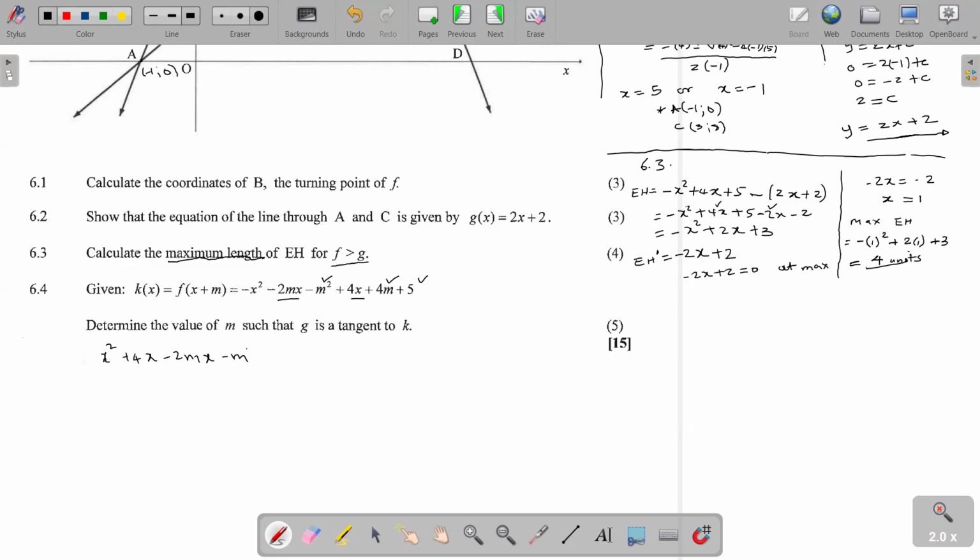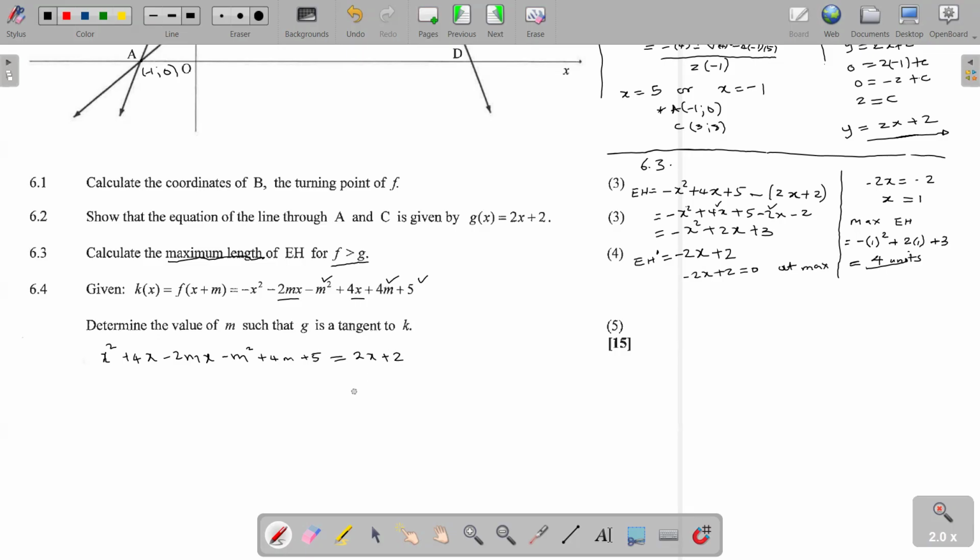So minus m squared plus 4m plus 5. So this term that we wrote here is our k, then must be equal to g. Our g is going to be 2x plus 2.